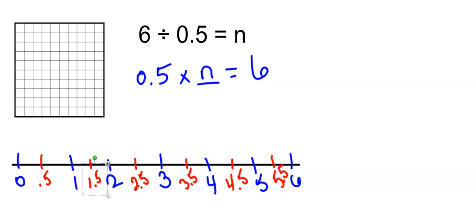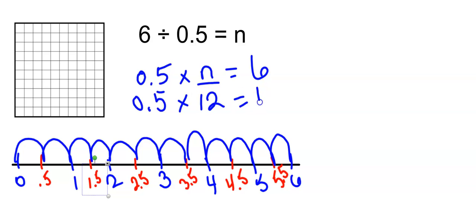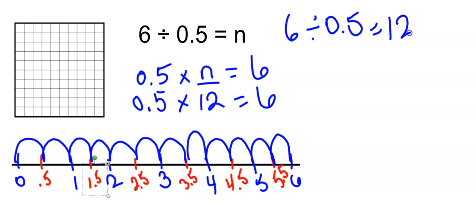So let's look. 1, 2, 3, 4, 5, 6, 7, 8, 9, 10, 11, 12. So 5/10 times 12 equals 6. So that means that 6 divided by 5/10 equals 12.